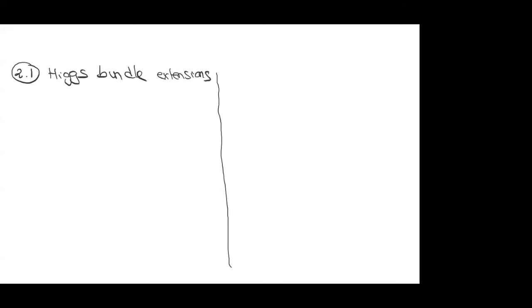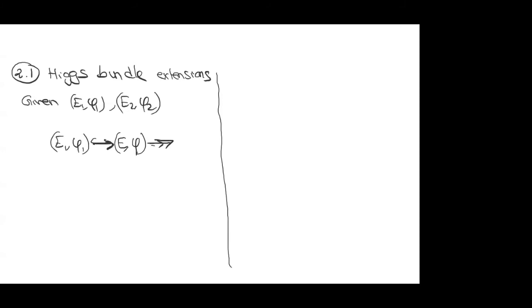So one may consider, given E1 phi1, E2 phi2, extensions of phi2 by E1 phi1. So these are exact sequences of Higgs bundles. Okay, so in the category of Higgs bundles.